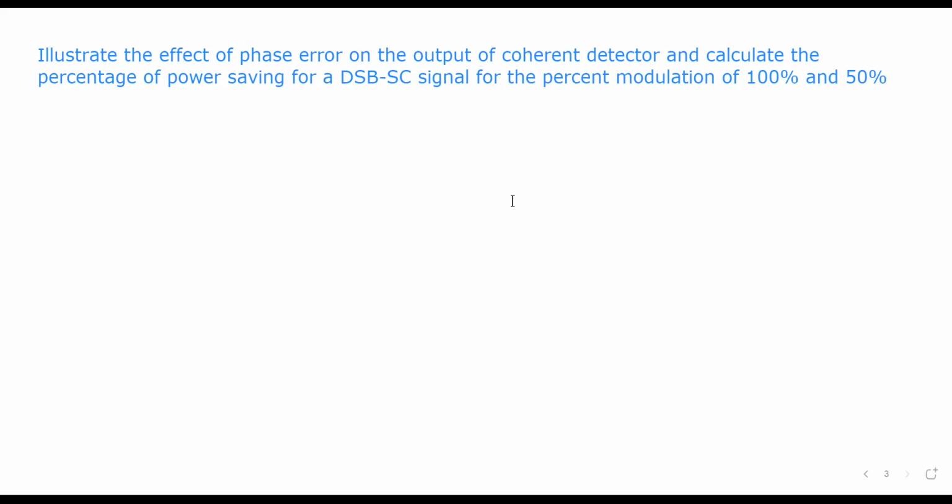And we came to a conclusion that around 67% of the total power is wasted by the carrier. But in this case, we are suppressing that carrier, which means that the 67% of power which is wasted in the earlier case is now saved. So that's what we are going to prove in this problem.